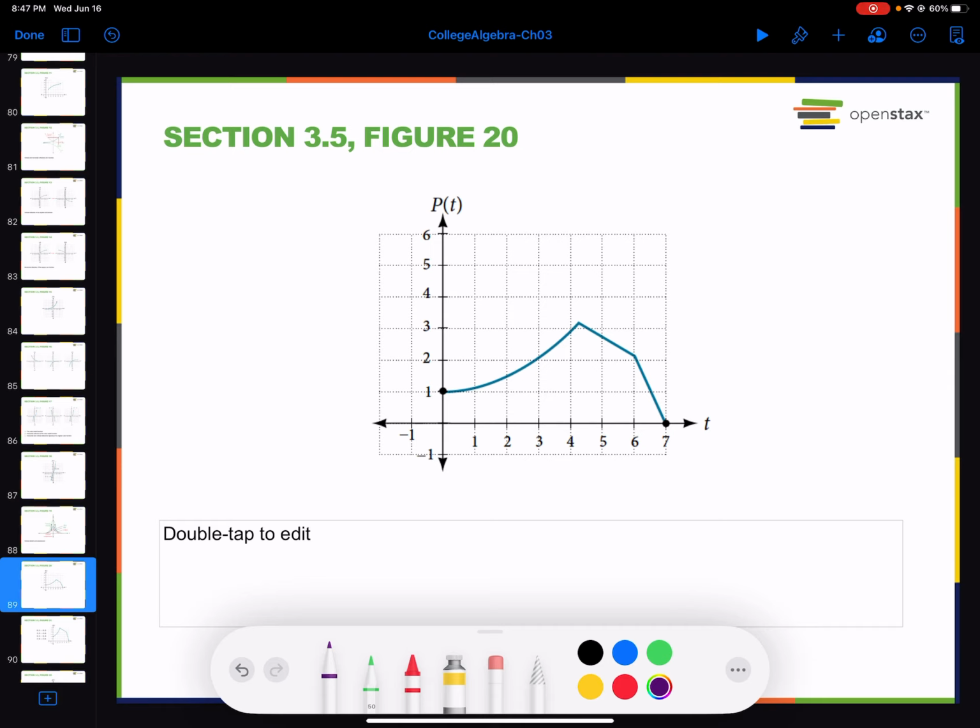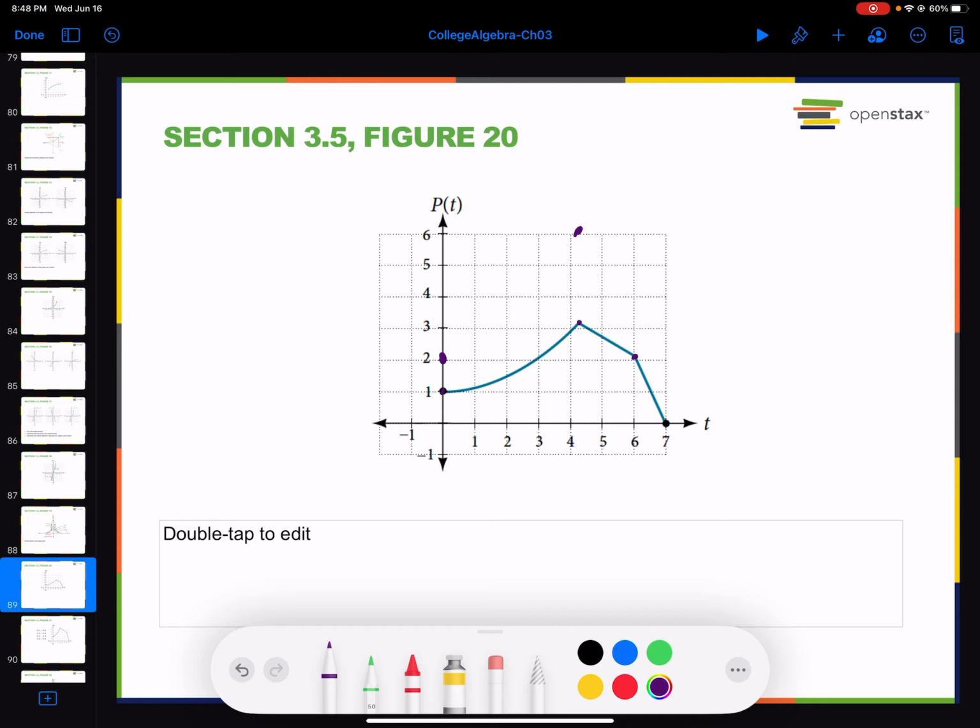It says a scientist is comparing a fruit fly population to another population whose growth follows the same pattern, but it's twice as large. So what we want to do is translate our values. We want to stretch our values by a factor of 2. So our 1 here becomes a 2. Up here we've got about a 3, so that's going to become about a 6.